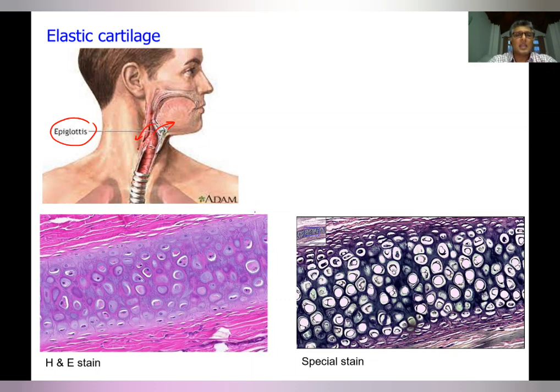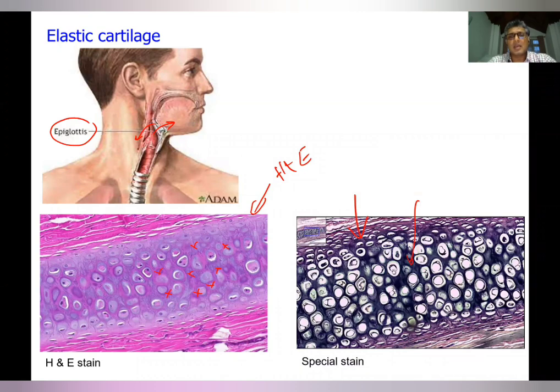Now this is an H&E stain of elastic cartilage. Even though it's fairly well stained here, usually you get very faint staining when you stain elastic cartilage with H&E. I doubt whether it's H&E actually. Usually you don't get this level of staining. To see it, you can use a special stain. This black appearance is the elastic fibers.